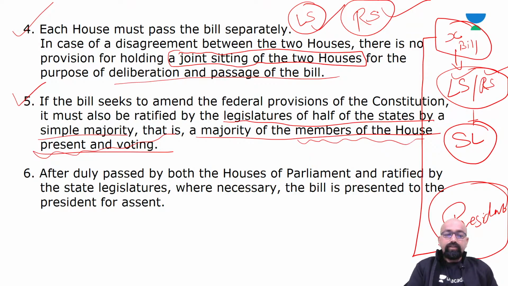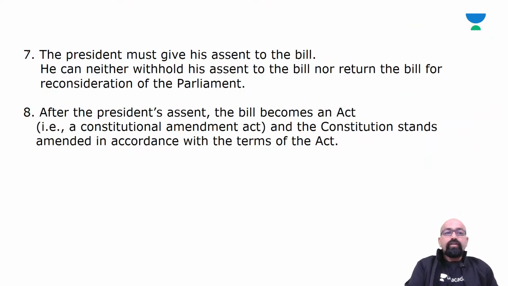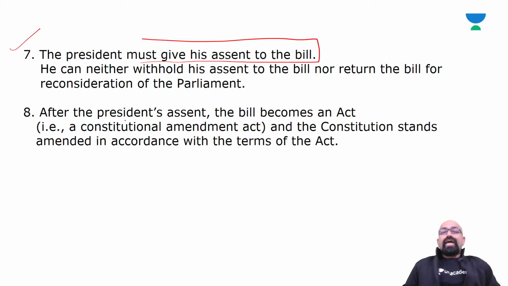All right, now next, the president must give his assent to the bill. He can neither withhold his assent to the bill nor return the bill for reconsideration of the Parliament. So in this procedure, the president must give the assent to the bill. He can neither withhold his assent nor return the bill for reconsideration of the Parliament.